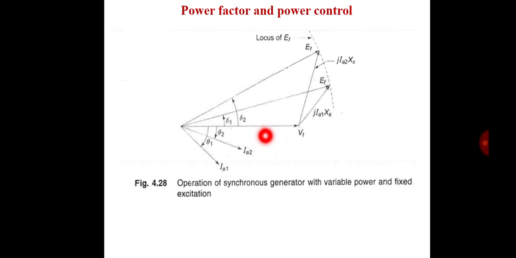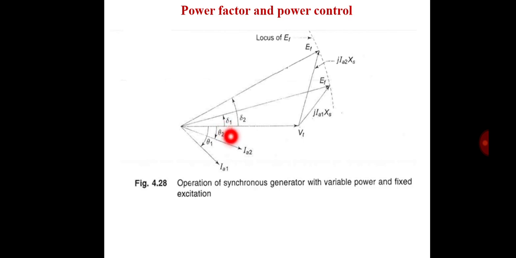Here is first Vt, and here is Ia1 Xs. So here is Ia1 with theta 1. The angle between Vt and Ia1 is large, so the power factor is low. Now for improvement of power factor, here is Ia2, and the angle of Ia2 is changed.